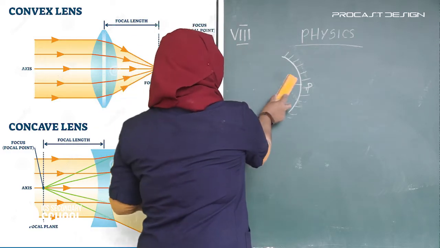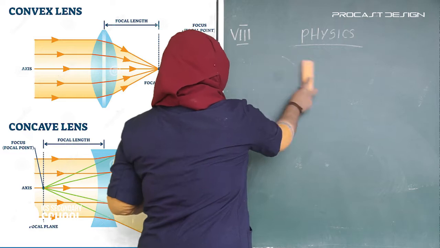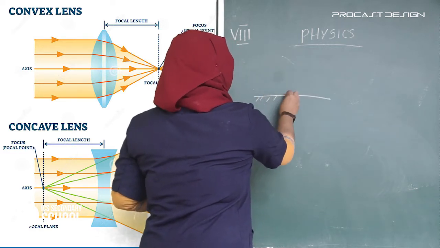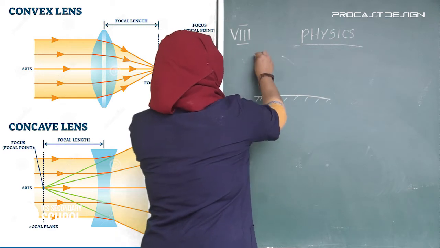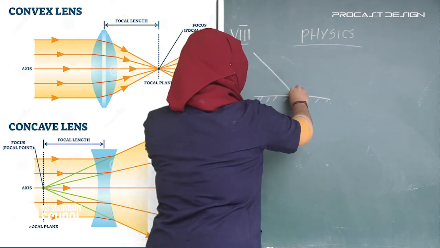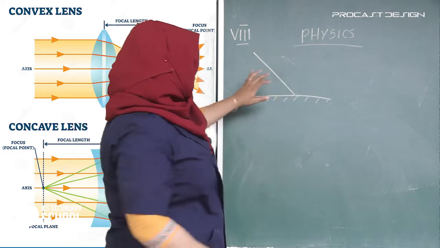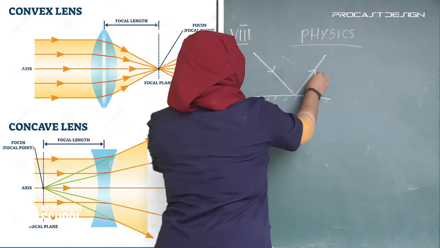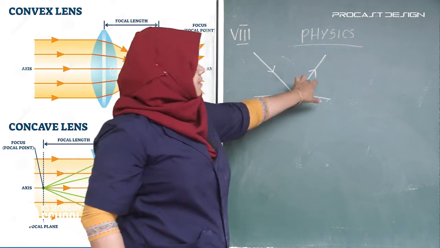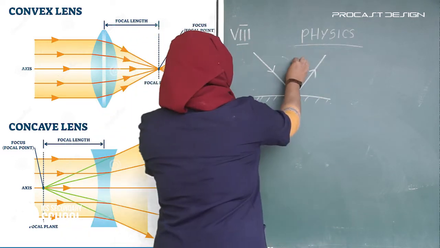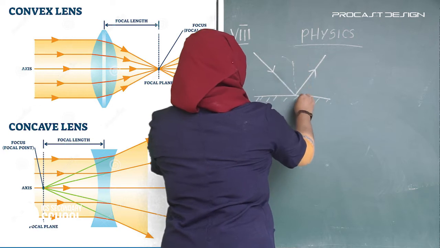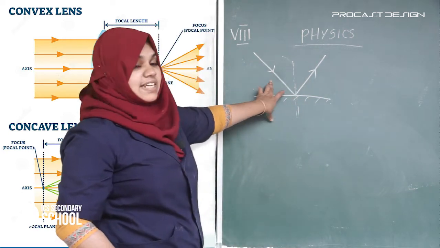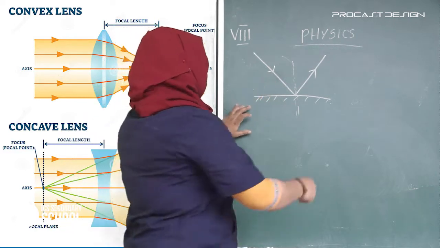What is the angle of incidence? Take a plane mirror. This is the incident ray and this is the reflected ray. This is the normal at the point, the midpoint. Then where is the angle of incidence? The angle between the incident ray and the normal is the angle of incidence.